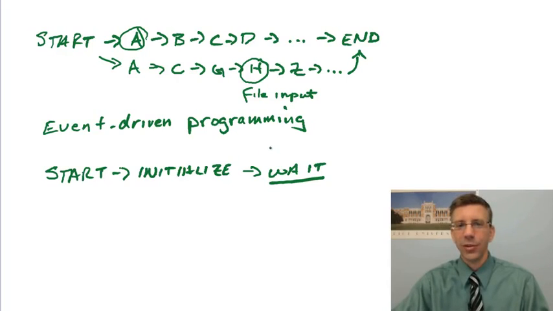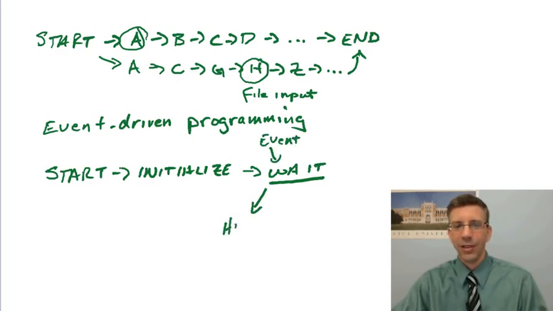So sometime in the future, some event occurs. We'll talk about what events are in a second. And when that event occurs, I run some function which is called a handler. That handler executes. When it completes, I go back to waiting. Sometime in the future, another event occurs. I execute another handler, and this handler is probably different because that event was probably different.